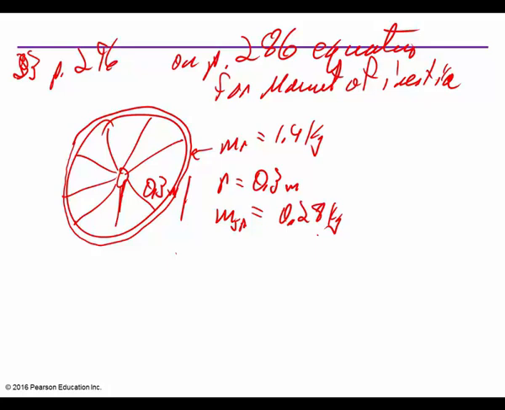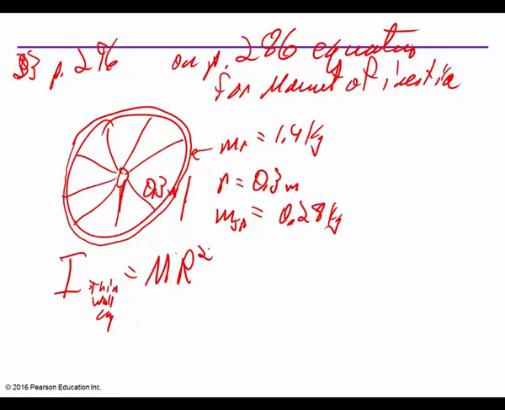Look at equation G, thin-walled hollow cylinder. The moment of inertia for a thin-wall cylinder is MR squared.